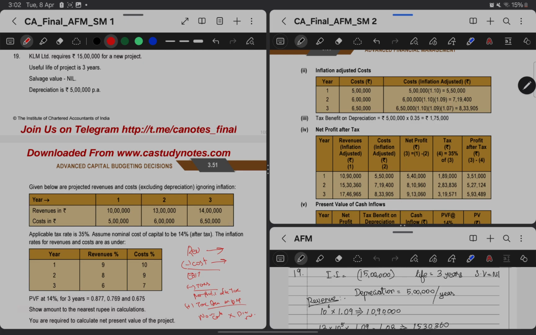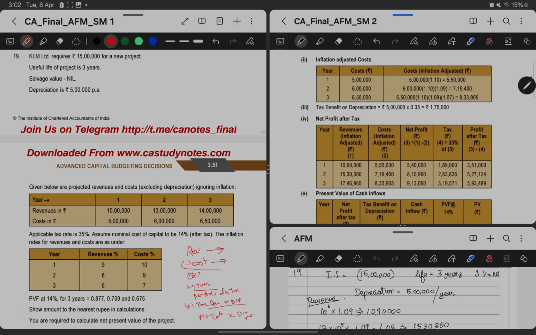So 5 lakh, 6 lakh and 6 lakh 50, 5 lakh into 10, then 6 lakh into 10 plus 9, then 6 lakh 50 plus 10 plus 9 plus 7 percentages. We will get the respective inflation adjusted nominal costs. Now tax benefit on depreciation.